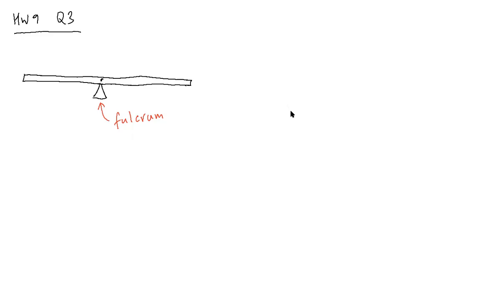But what we actually have is these two kids on the seesaw. We've got child number one over here, and we have child number two over here.